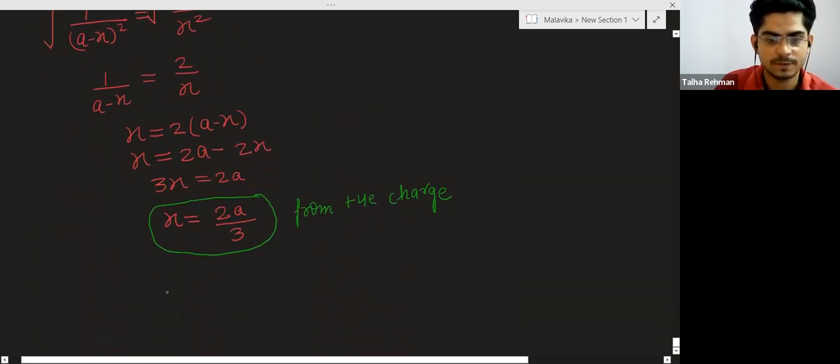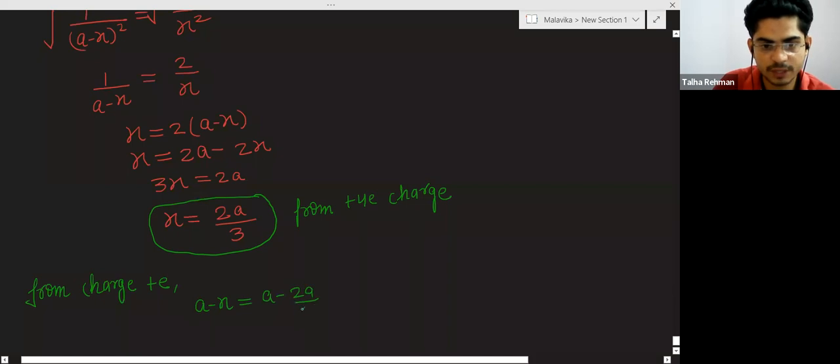So the distance from charge plus e is a minus 2a by 3, which is a by 3. You have to put the charge q at a distance a by 3 from charge plus e, so that the charge will be in equilibrium.